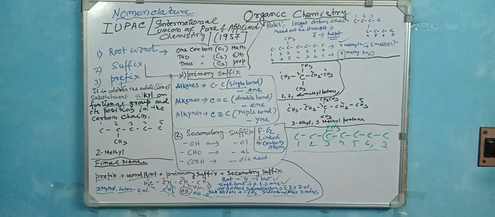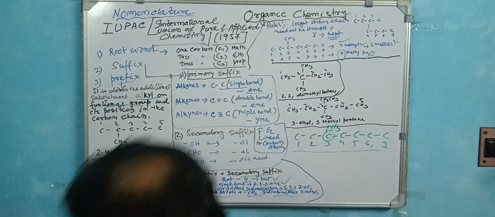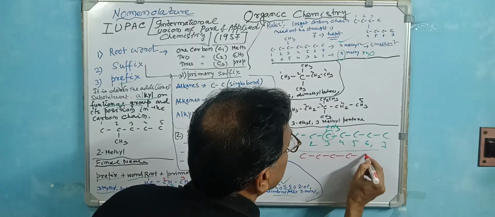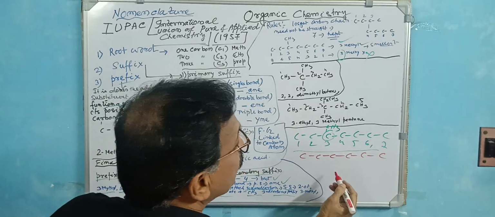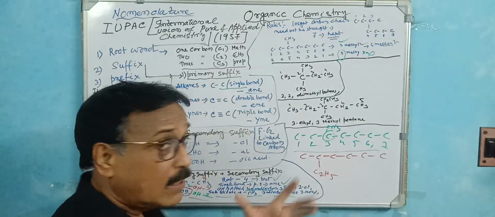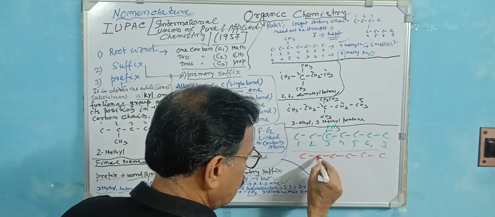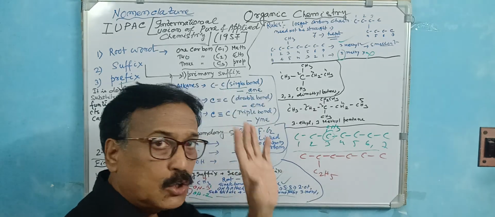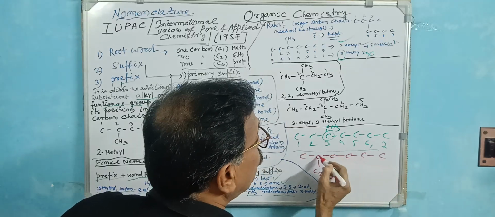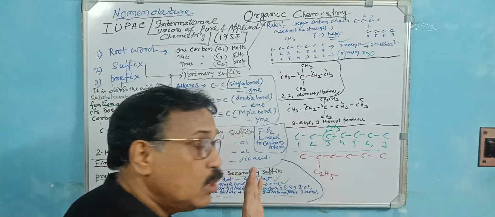Suppose this is C2H5, what is the numbering? This is 1, 2, 3, 4, 5, 6. So the origin is hex, 1, 2, 3, 4, 5, 6. But which is the right position?